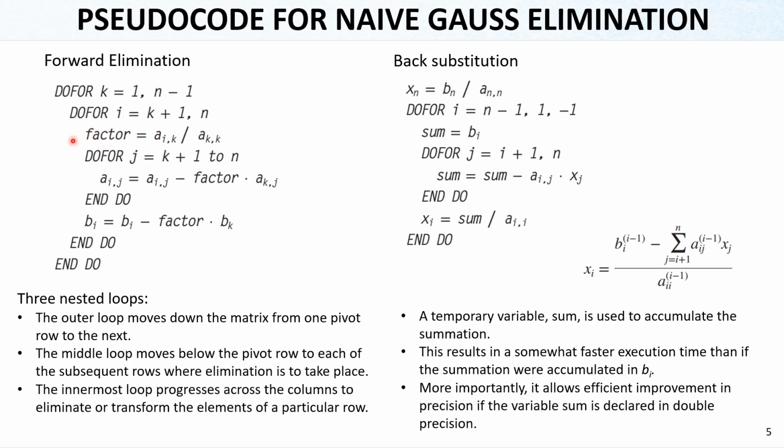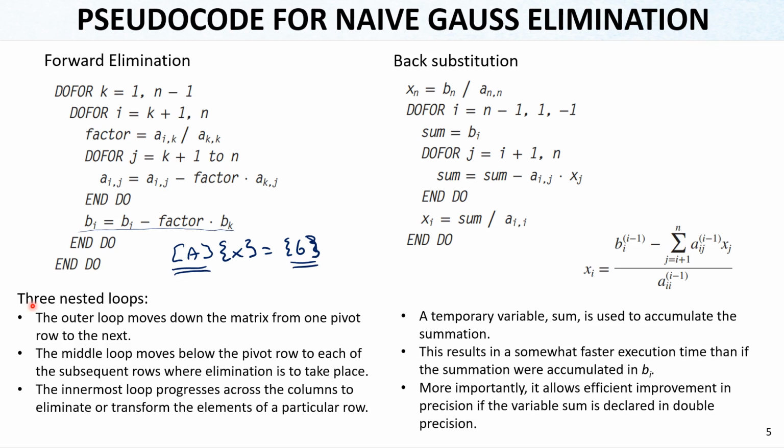After this factor, the division, we subtract the equation constants, and do the same for the b constants. We apply the operations here as well as here.